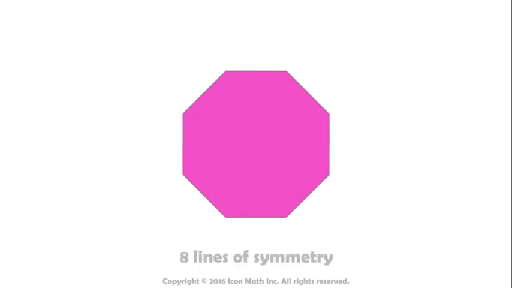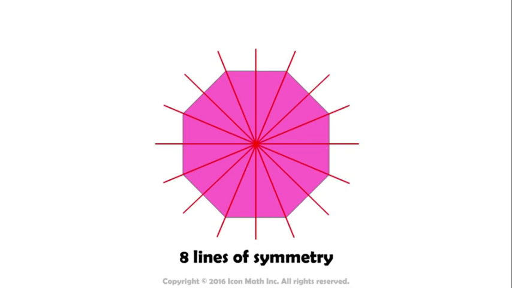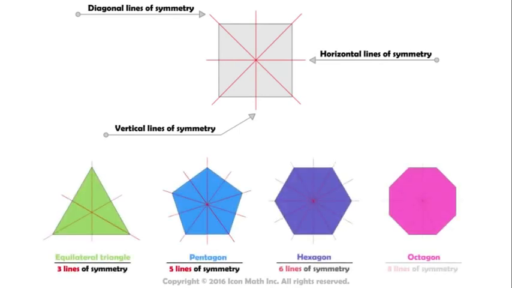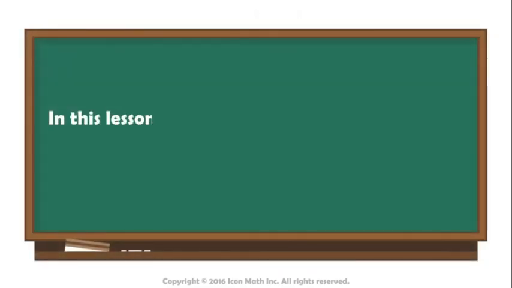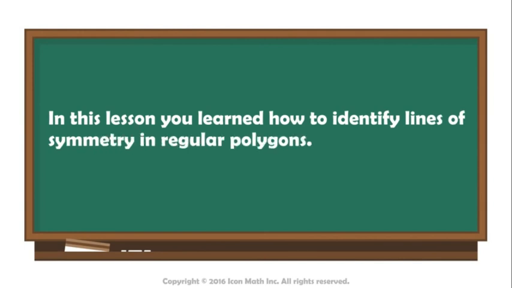This regular octagon has 8 lines of symmetry, one vertical line, one horizontal line, and 6 diagonal lines of symmetry. To summarize, let us have another look at the polygons and the lines of symmetry in each of them. In this lesson, you learned how to identify lines of symmetry in regular polygons.